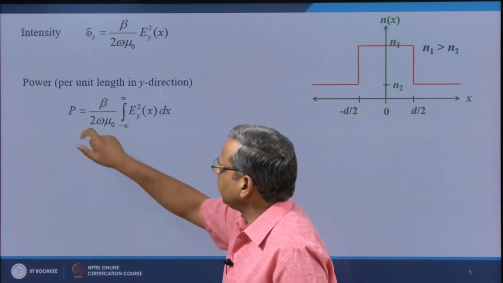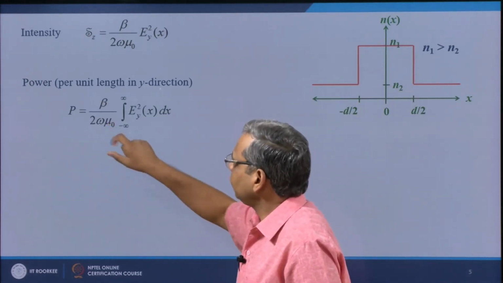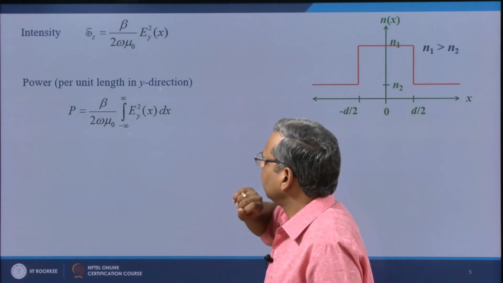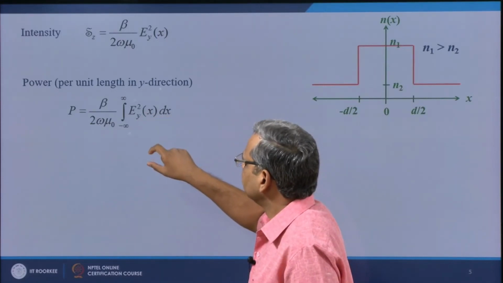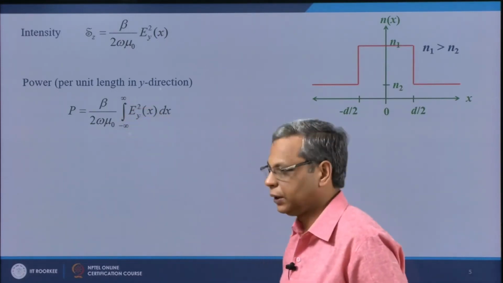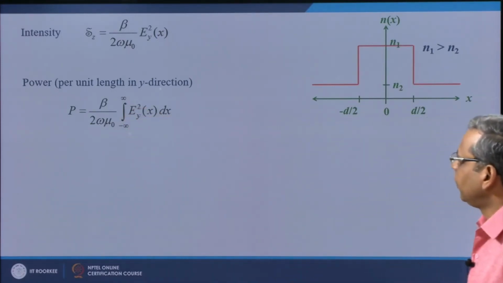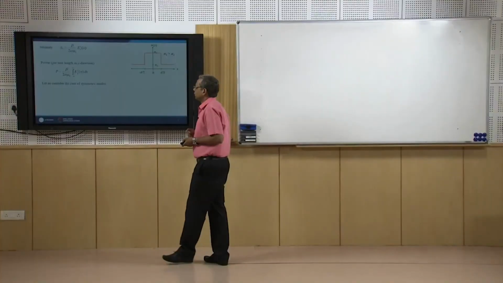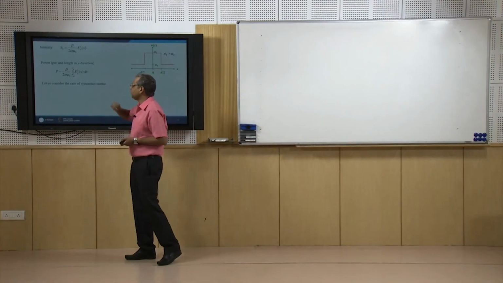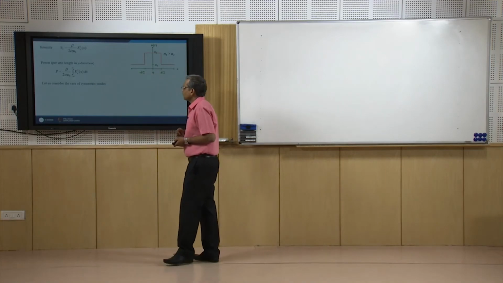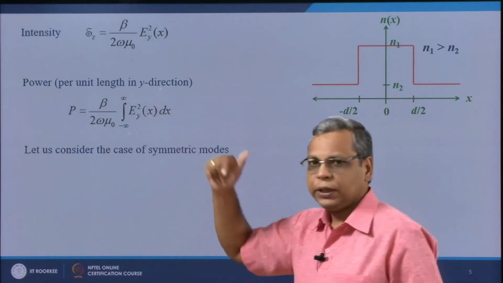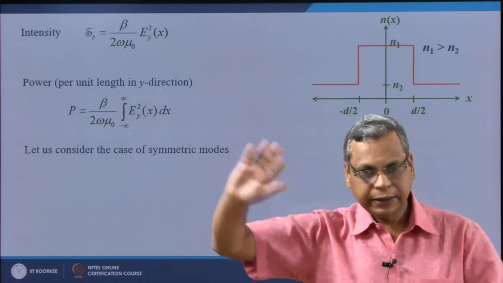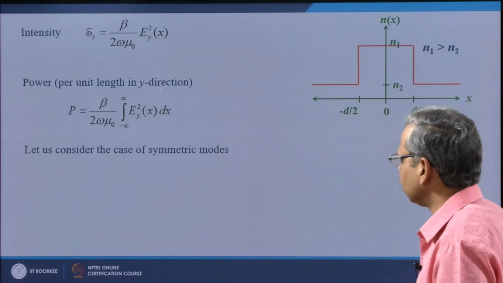So, I get P is equal to beta over 2 omega mu naught integration Ey square x dx from minus infinity to plus infinity, and this will give me power per unit length in the y direction in the units of watts per meter. Now, if I know Ey of x in the entire region, I can find this out.